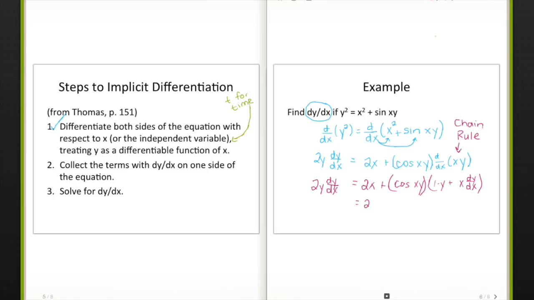We've done the differentiation. Now we need to start algebraically manipulating this so we can collect all the terms with dy dx on one side of the equation. To do so, we're going to have to distribute this cosine xy. That leaves us with y cosine xy plus cosine xy times x dy dx.